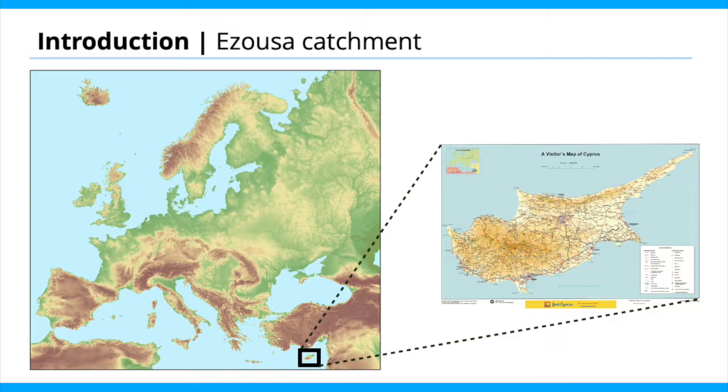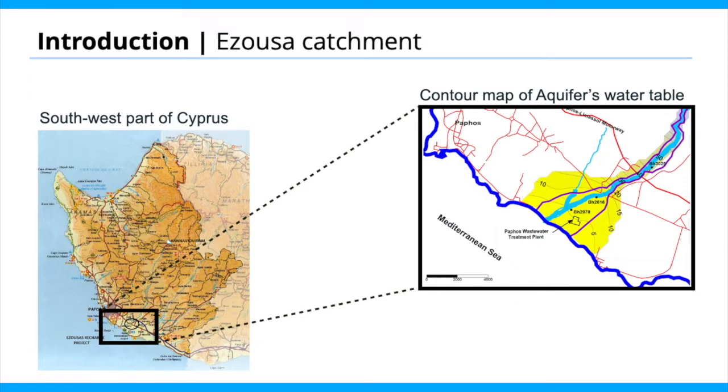The Ezousa catchment is located at the southwest part of Cyprus, next to the coast. So it's a coastal aquifer, as we can see. And the purple lines that you see here define the computational domain of our case study.